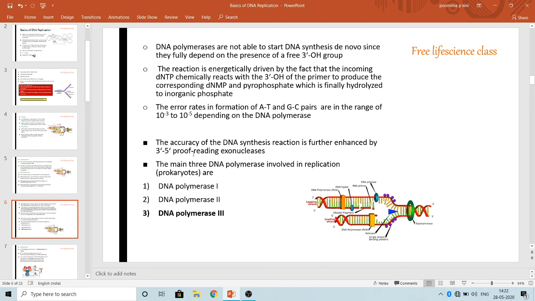So the DNA polymerase has a 3' to 5' exonuclease activity, the proofreading activity. Mainly in prokaryotes, we can see three different types of DNA polymerases: DNA polymerase 1, DNA polymerase 2, and DNA polymerase 3. Of these three, DNA polymerase 3 is the functional enzyme for DNA replication. DNA polymerase 3. Okay.